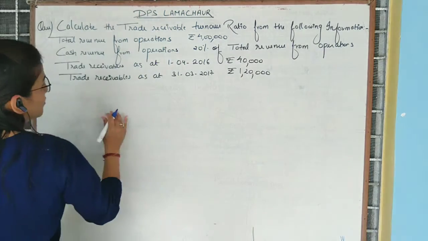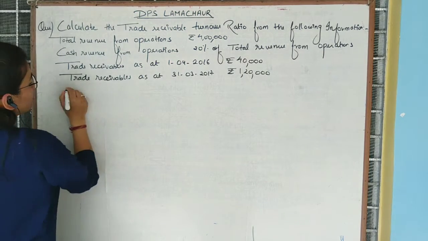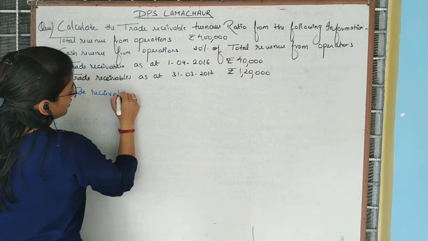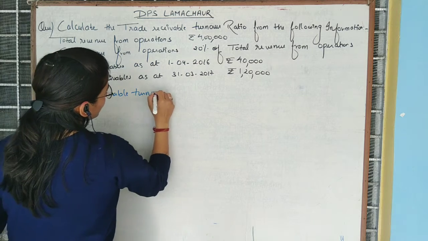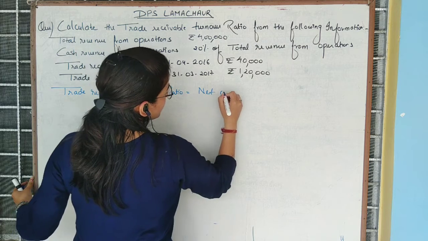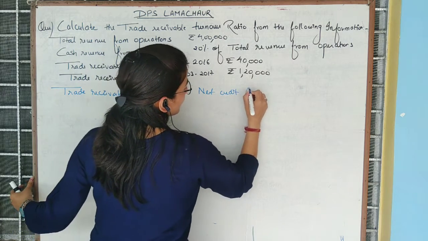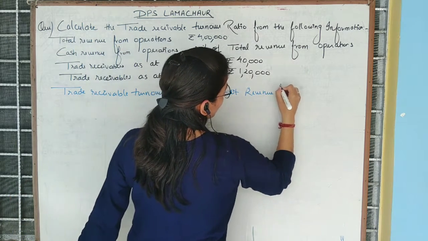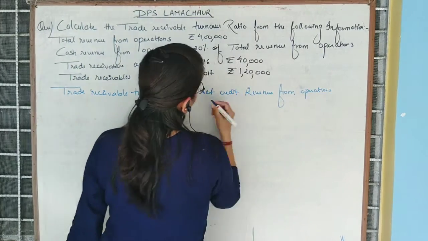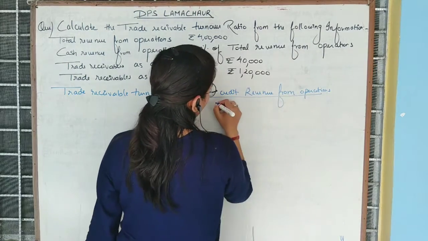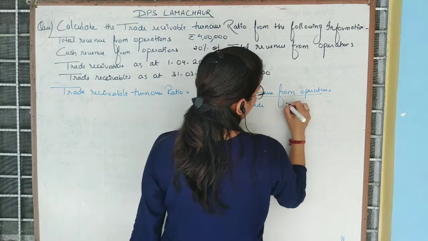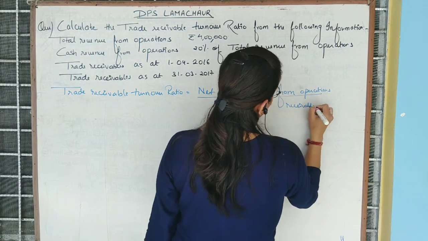So as we know, the formula for calculating trade receivable turnover ratio is trade receivable turnover ratio is equal to net credit revenue from operations divided by average trade receivables.